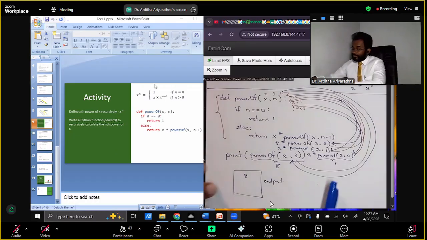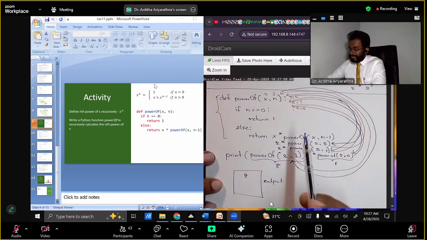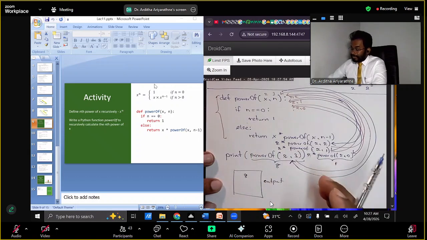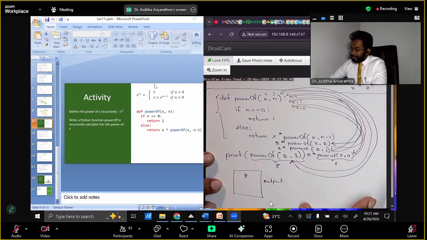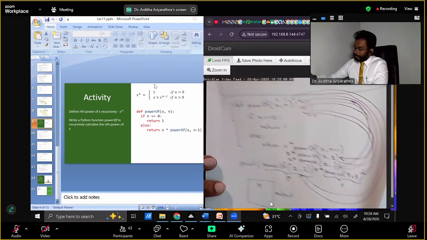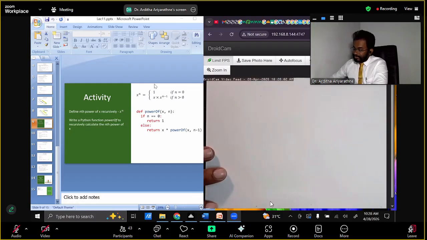Here, return function means like this, students. I'm taking a very small example to explain this.